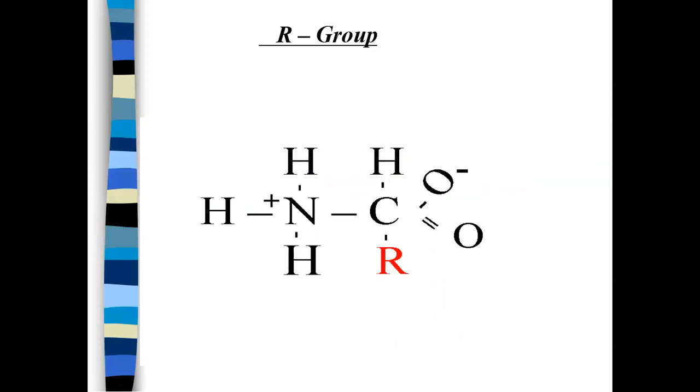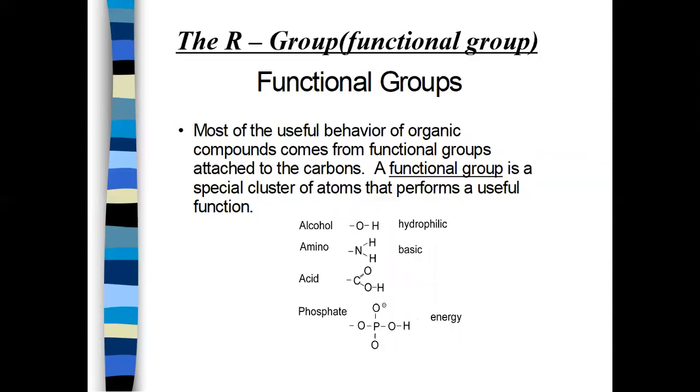Similarly, if R has been replaced by the amino group NH2, the amino acid will be basic. Similar is the case with other functional groups. So a functional group is an atom or group of atoms that gives special characteristics to organic compounds.